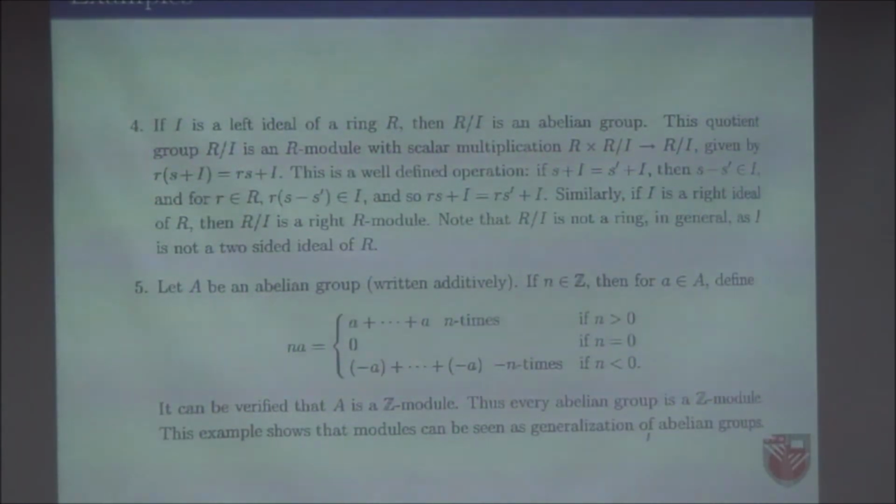You can take an action of this ring on A. What you will do? You will add A by itself n times. Once you add A n times by itself, you will get the action of integers on A. And nA is defined: n times you will add A if n is positive; minus A you will add n times in the negative case; and 0 if n is zero.